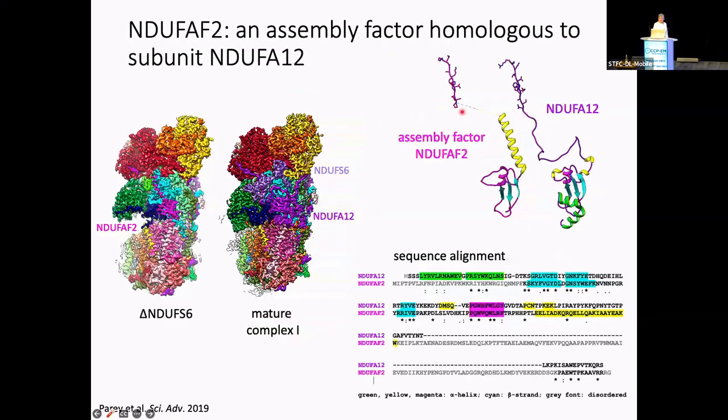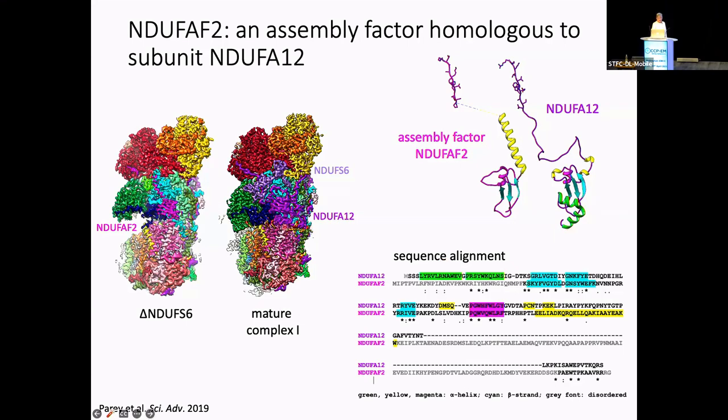So here you can see the structure of the AF2 and the A12, and the bottom part here consisting of a couple of beta strands and a short helix are very related to each other and bind to the same spot. But the A12 subunit has two ordered helices at the N terminus.